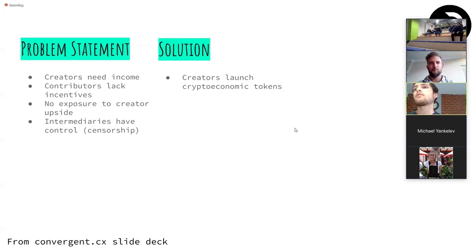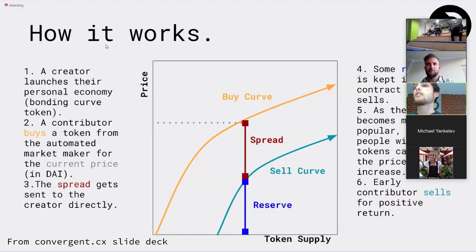And also intermediaries have control, which means there's censorship, whether that's on YouTube, where YouTubers are kicked off. I don't know how often, but there are a number of cases of popular YouTubers being kicked off, and their fans have no say in that. And Convergent's solution is to have creators launch their own crypto-economic tokens. You'll see in the next slide how this would work.